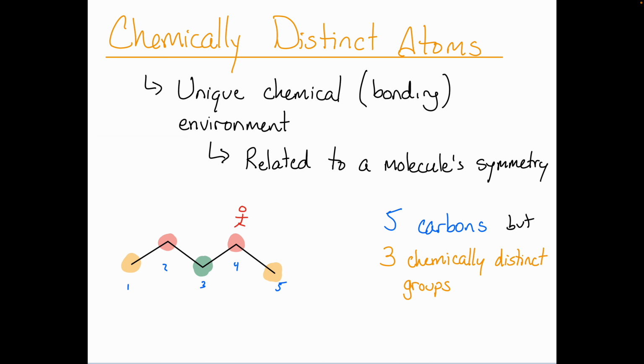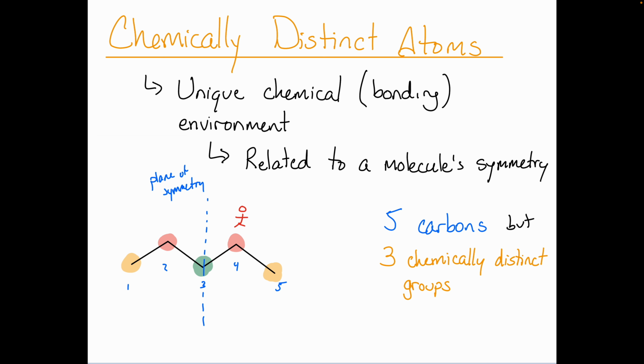Okay, and again, it's related to the symmetry of this molecule. What you want to note is that if we cut this molecule in half here, it's got this plane of symmetry right down the middle, meaning that the left-hand side and the right-hand side are mirror images of one another.